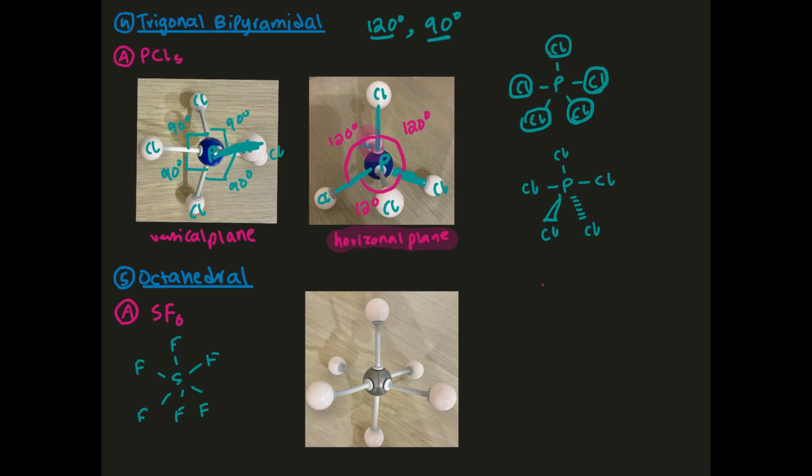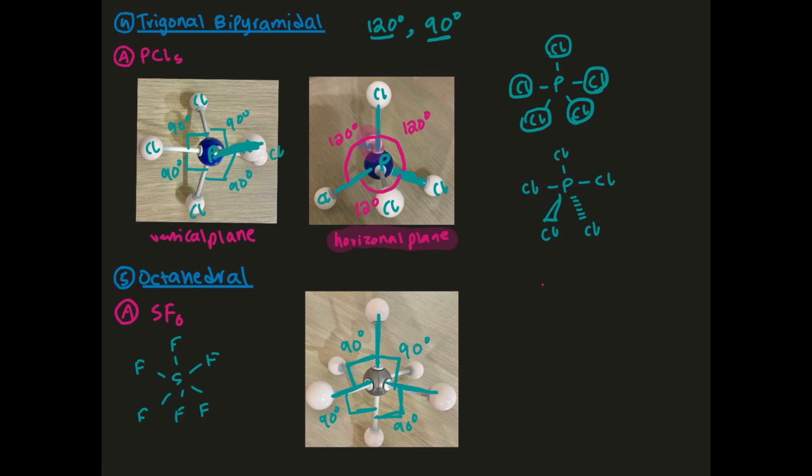The angle over here is going to be 90 if you look at it from this point of view. So this angle is going to be 90 degrees. This angle is also going to be 90 degrees. This angle will be 90 degrees, and this angle will be 90 degrees over here.